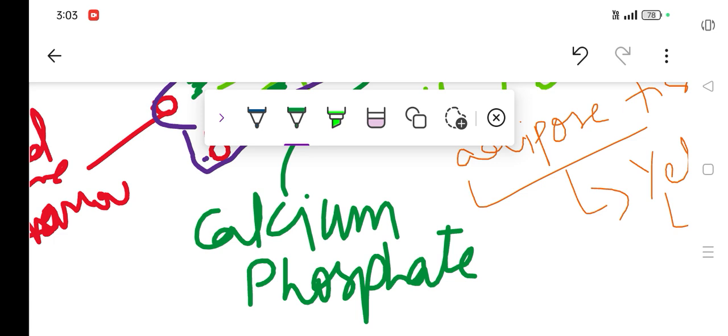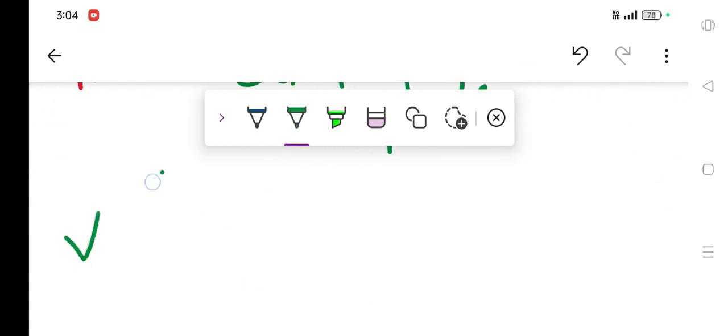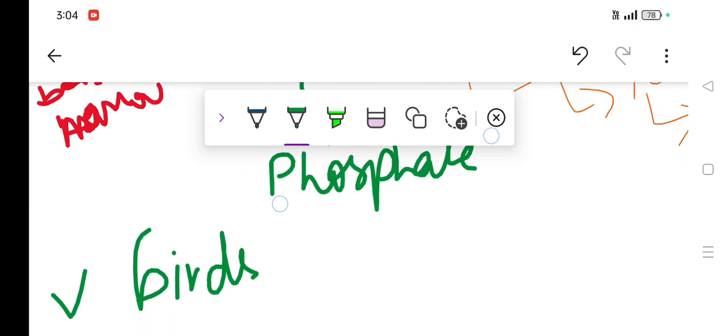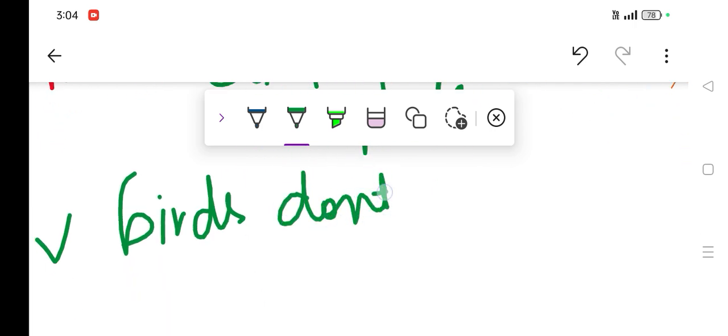We also have a very important point: birds don't have the middle one, this yellow bone marrow. There is a reason why.